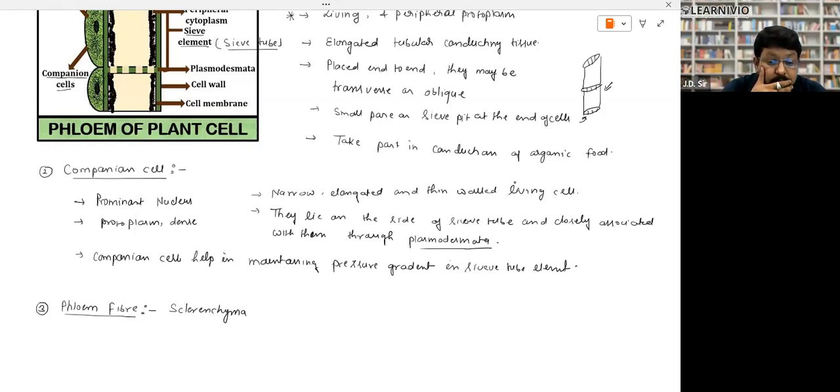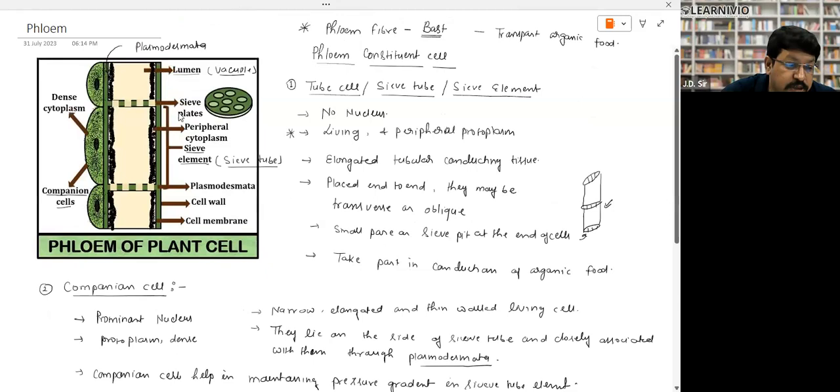Sir, could you just tell me what plasmodesmata is? Yeah, let me tell you. Suppose there are two plant cells anywhere in the plant. If two plant cells are interconnected, between them there will be some pore or hole. So they are the connections.